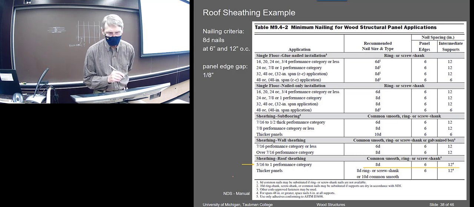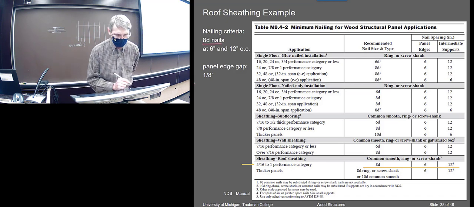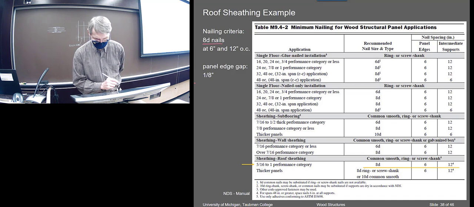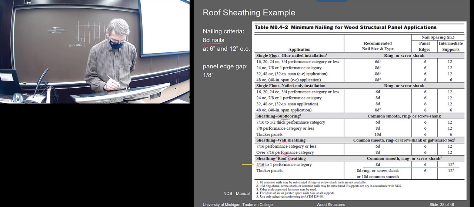Okay, so once you decide that, then you've got to look at the nailing criteria. Okay, let's see what we've got here. This is floors, subfloors, walls, roof. Okay, this is the one we're looking at for roofs. This is already at 5/16.